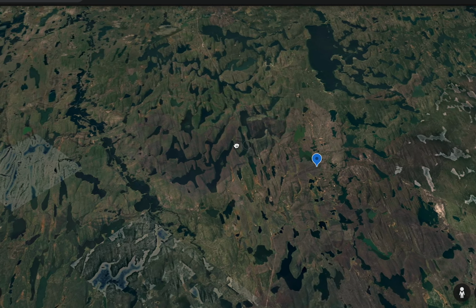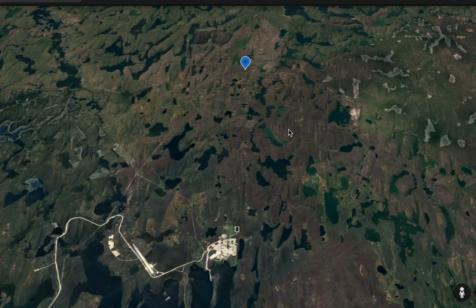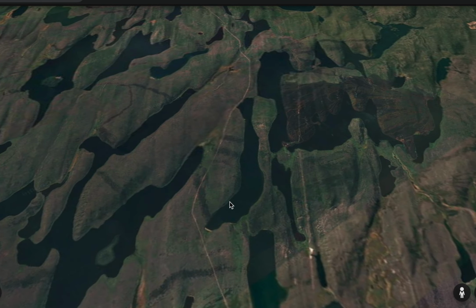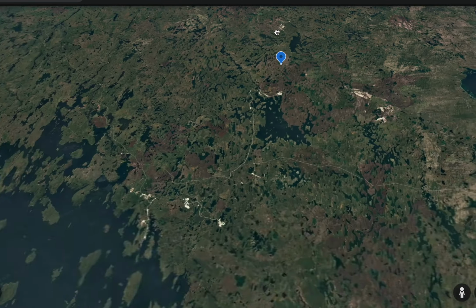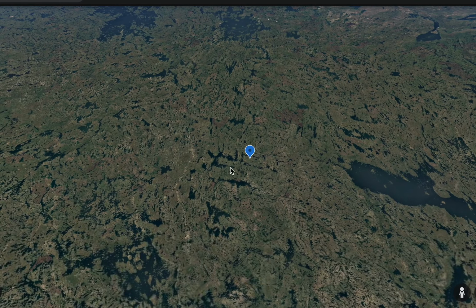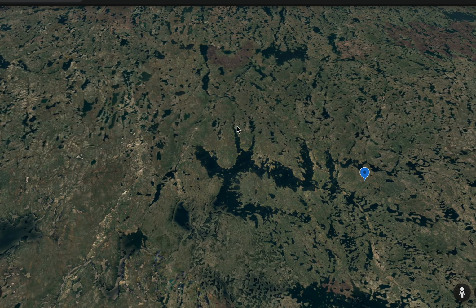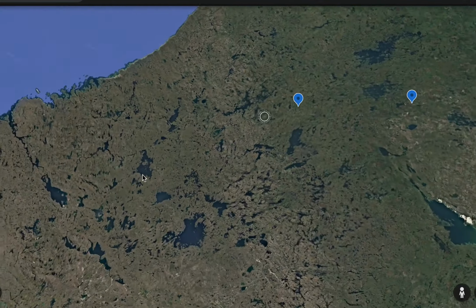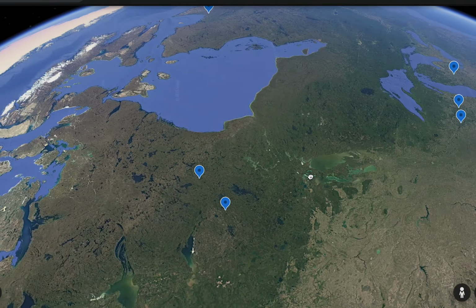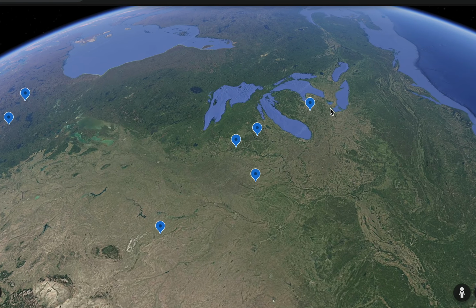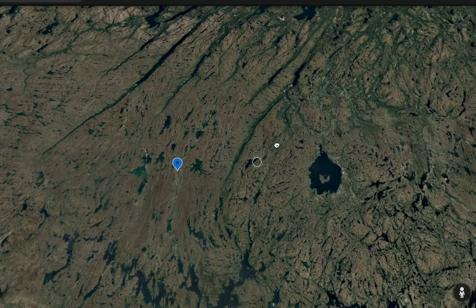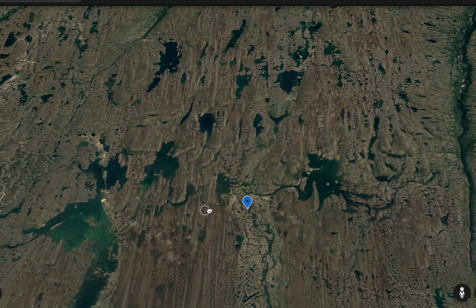You have to understand that basically all of Canada has streamlined features all over it. All of these are streamlined. So if you study the Earth as much as I have, you will know that there is so much landscape that is full of streamlined features, right?